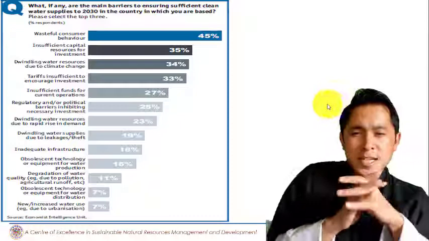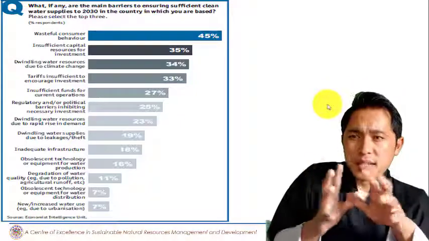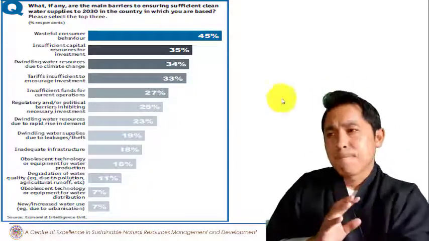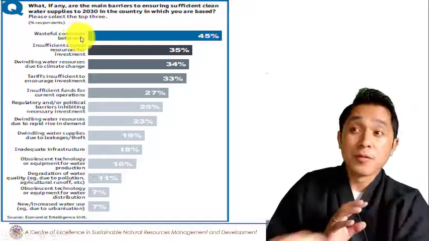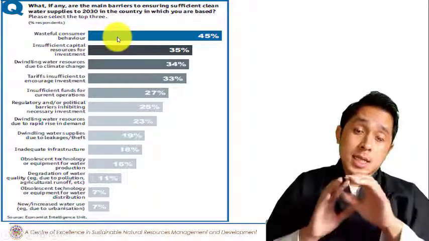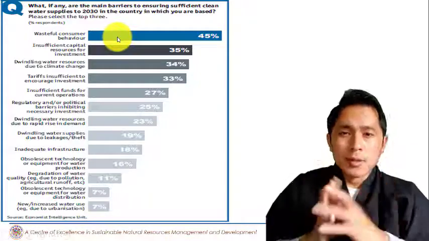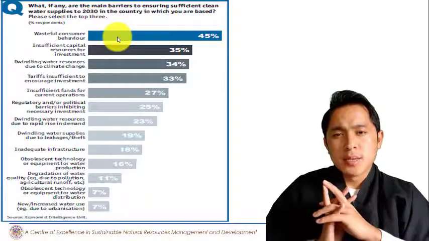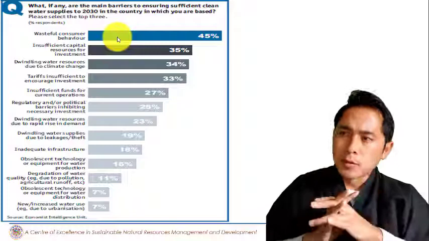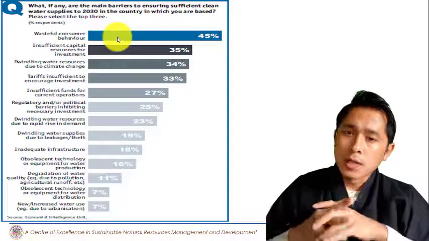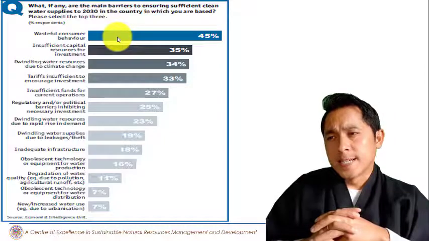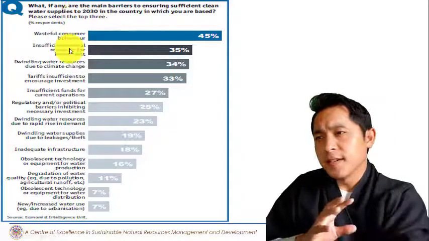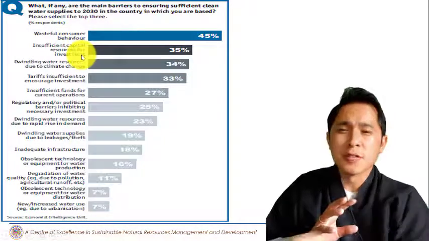But most importantly, most of the cities found that wasteful consumer behavior accounts for around 45%. Most of the demand and supply issues are mainly because of wasteful behavior of the consumer. They waste lots of water. Another is insufficient capital resources for investment.